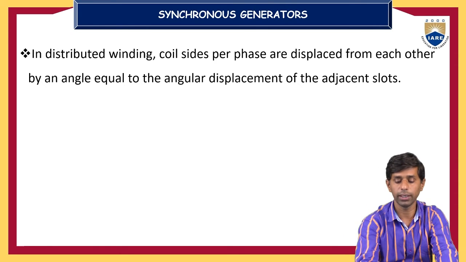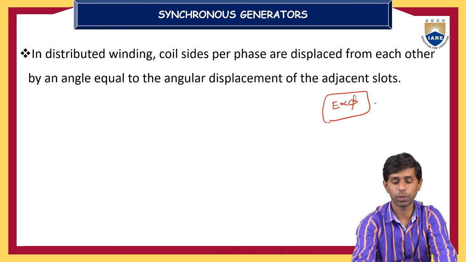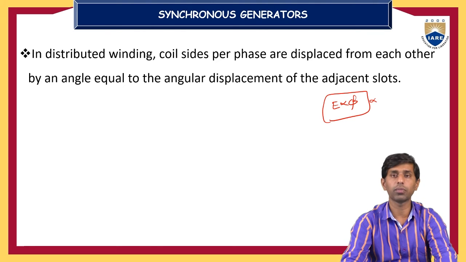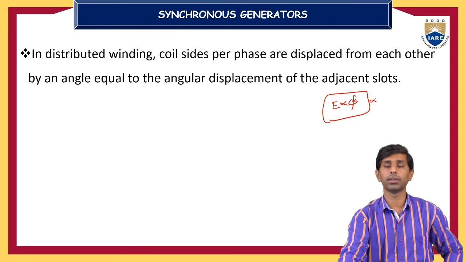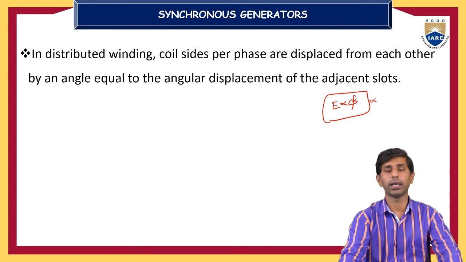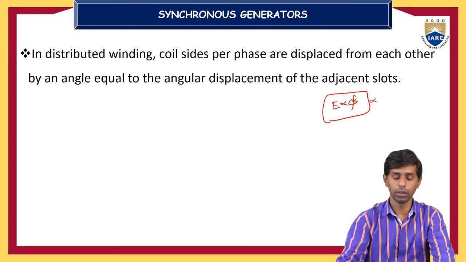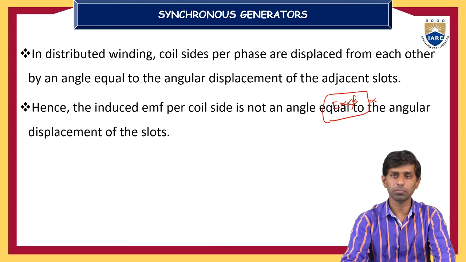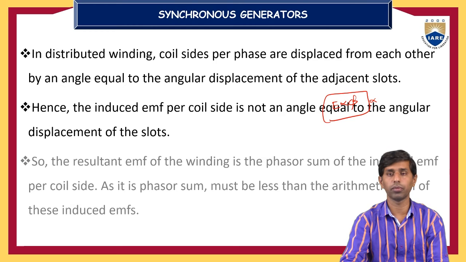We know the induced EMF is directly proportional to the flux density as well. So in the distributed winding, the flux density decreases as we go away from the center of the pole. The quantity of induced EMF may get affected, but the resultant output will be a smoother sinusoidal waveform than the concentrated winding.